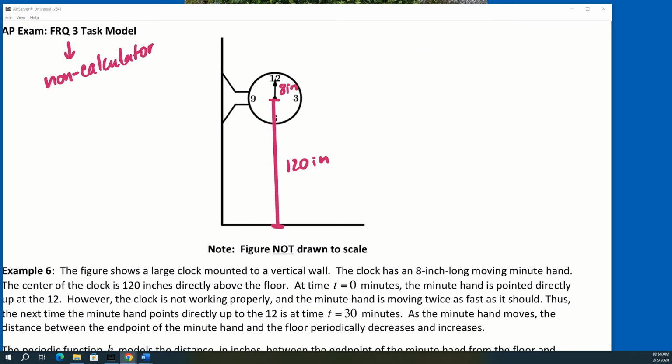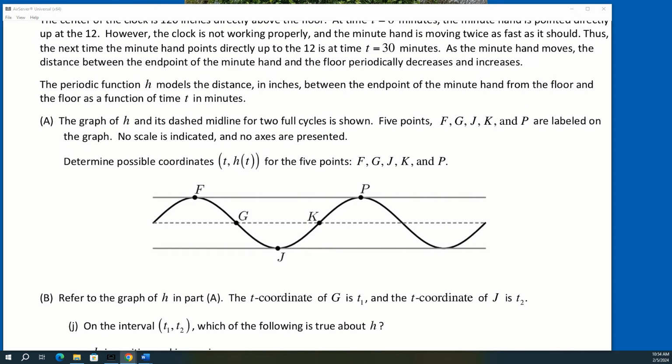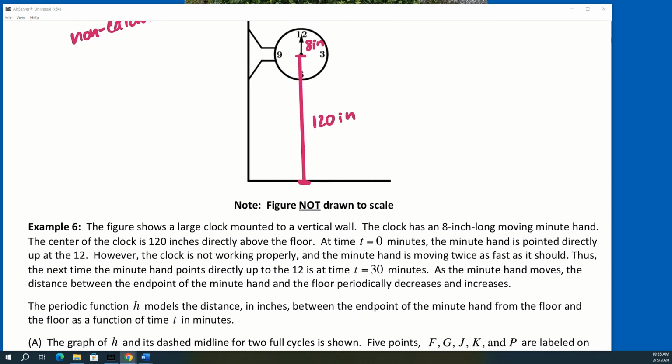So what is the biggest distance that the end of the minute hand is from the floor? 128. All right, so that means that these maximum values are going to be at 128 at 12 o'clock. What about the distance whenever the minute hand is pointing at the 3 or the 9?